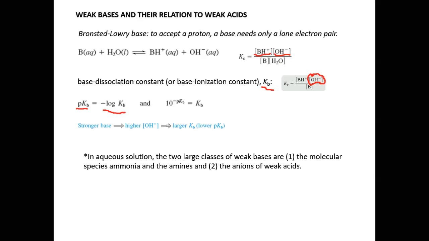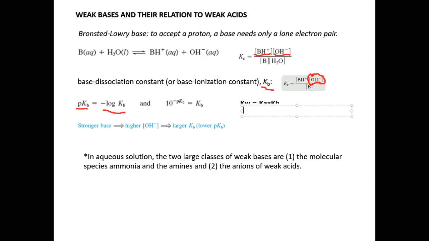And just like with pKa, you can find pKb by taking the negative log of Kb. Two things that we're going to talk about in a second, but I'll let you know now: Kw equals Ka times Kb. So if you don't know Ka and you know Kb, you can find it using this equation.